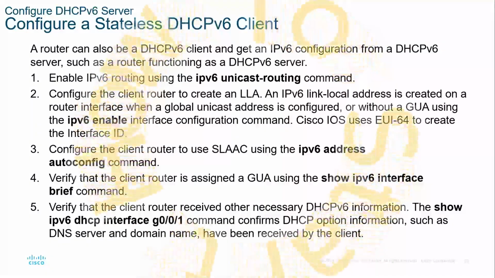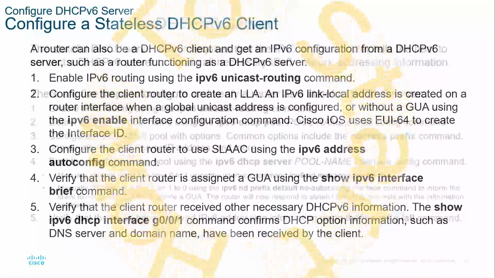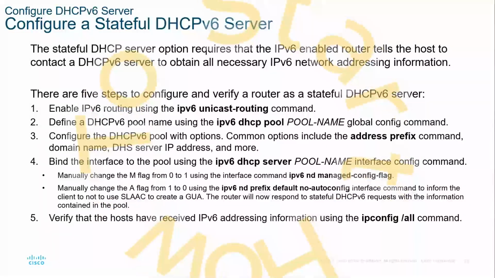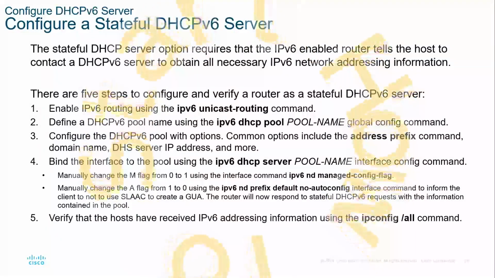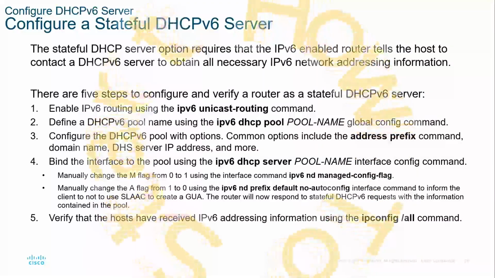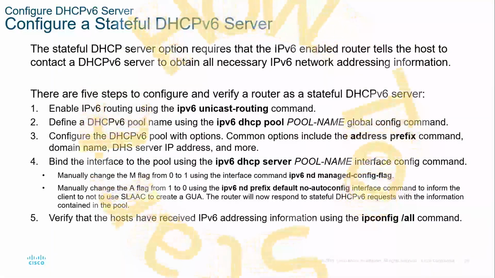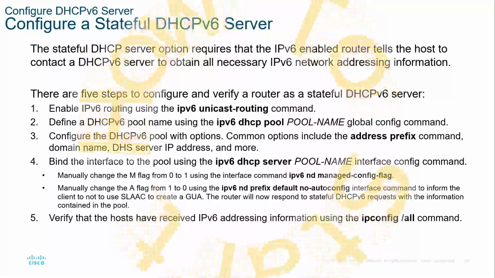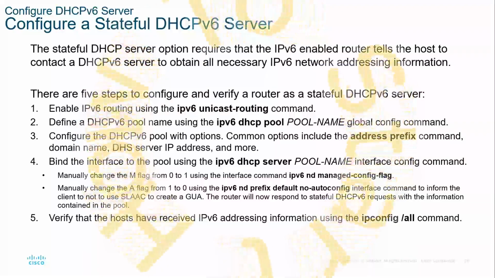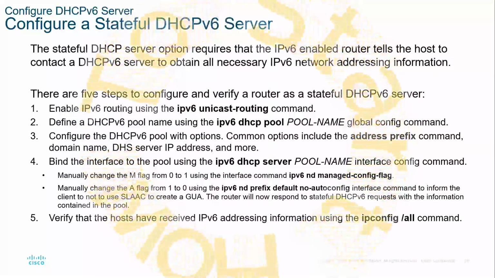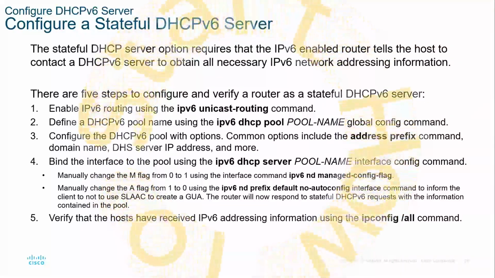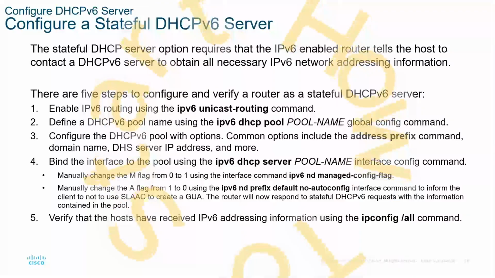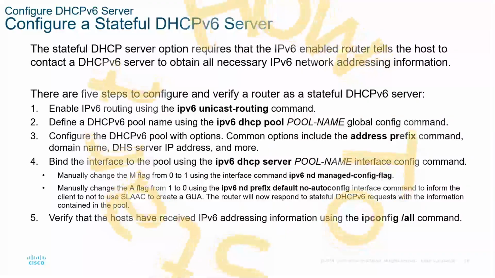How do we configure it to be stateful? So, with stateful address configuration, pretty similar steps. You set up IPv6 unicast routing, you set up your pool. Here in the pool, we'll also use some other options, including the address prefix, the DNS and IP addresses, default gateway, and the normal information that you'd be putting there.